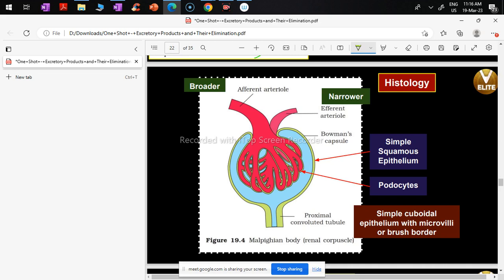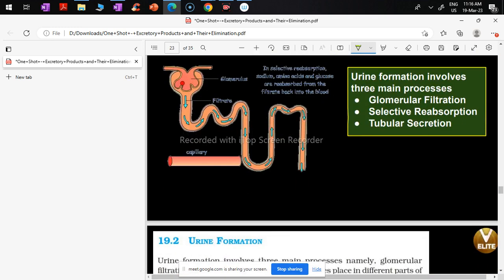Afferent is broader than efferent. So the Malpighian body consists of the Bowman's capsule, the efferent arteriole and the afferent arteriole, and after this which structure will open? Proximal convoluted tubule or PCT.